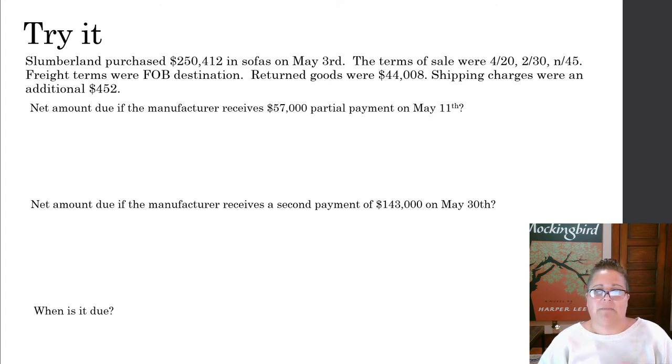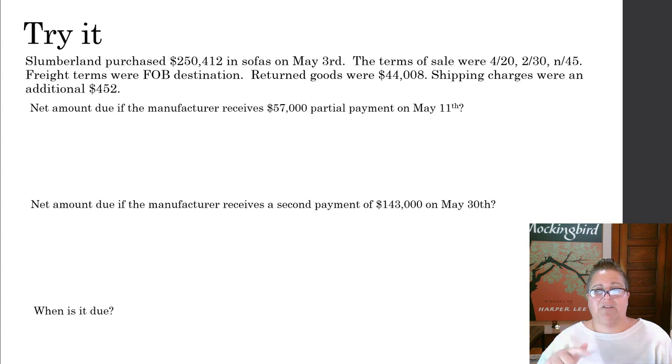Okay, what does that mean? That's a 4% discount if they pay in the first 20 days. A 2% discount if they pay in the first 30 days. How can there be both? Let's think about this. Oh, they don't get both. So say they pay on day 6, they don't get the 4% and the 2%. Then they get the 4%.